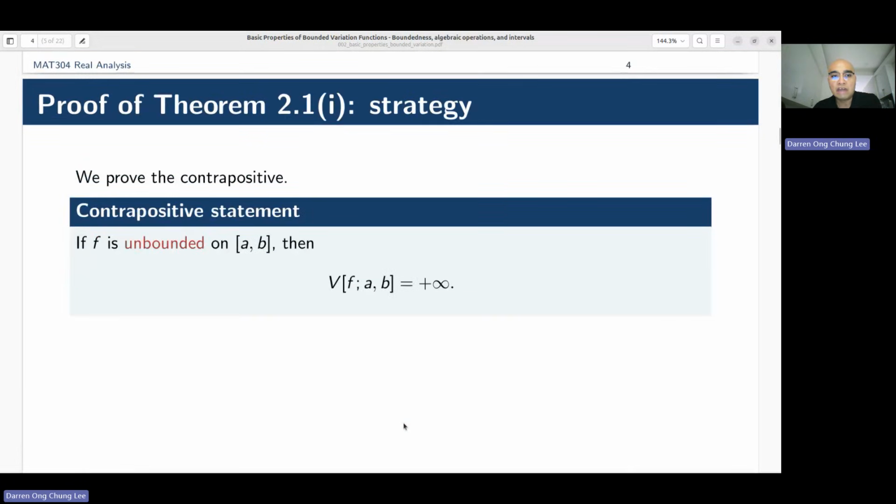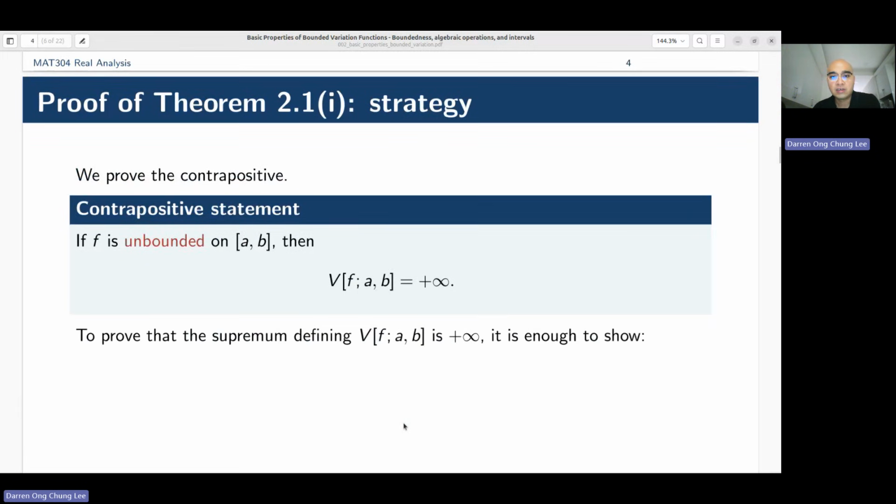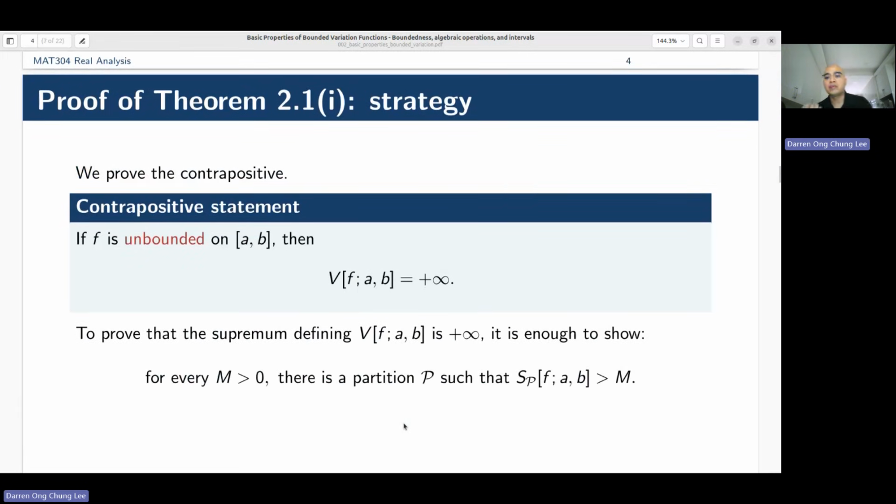And remember that each partition gives you a different S_P. Now, if you want to show that the variation is infinite, we have to show that you can get a variation sum that is as large as you want. In other words, for every positive number M, you can find an S_P that is bigger than M. That means that the set of all possible S_P's cannot have an upper bound.